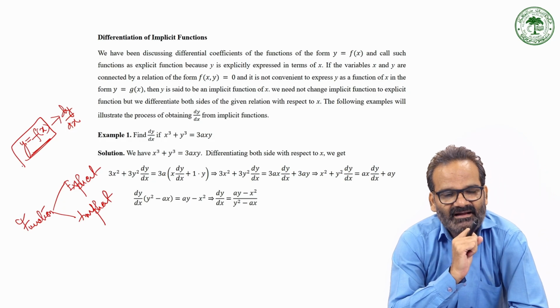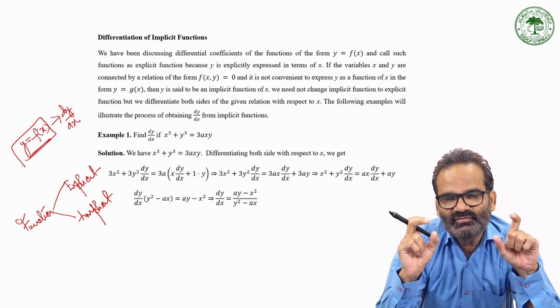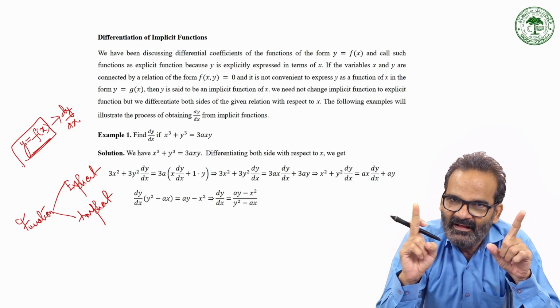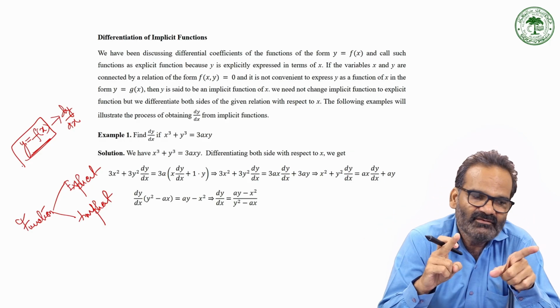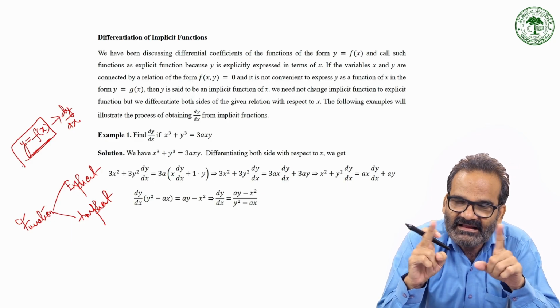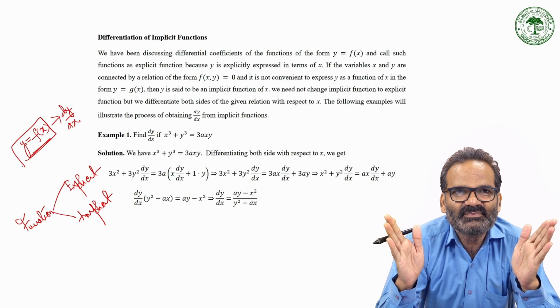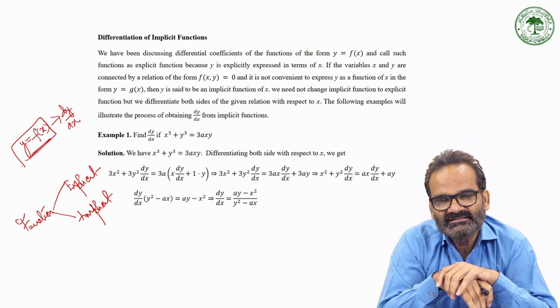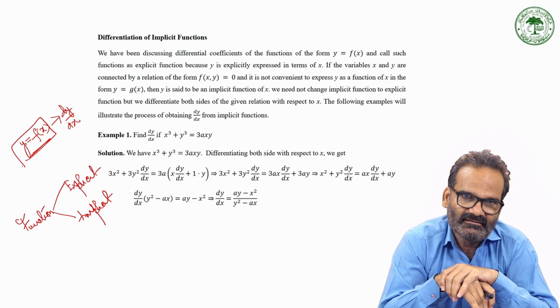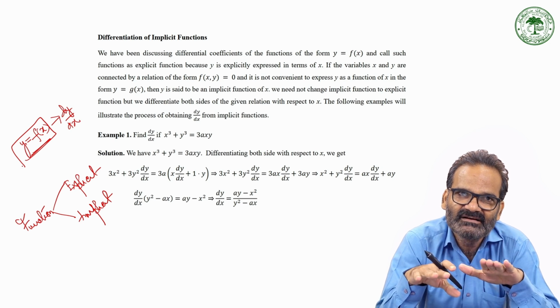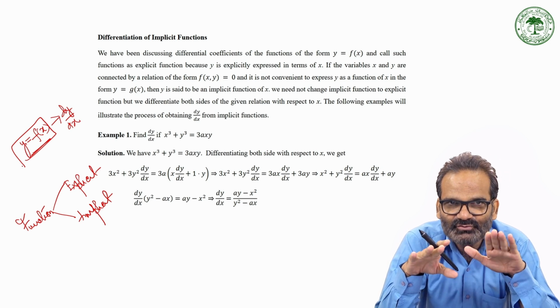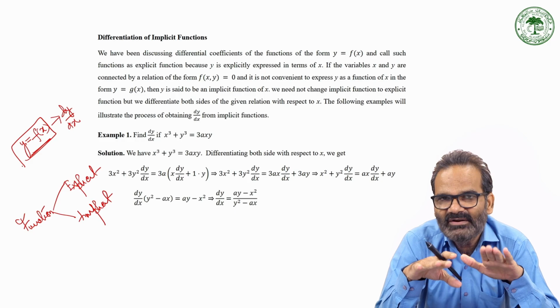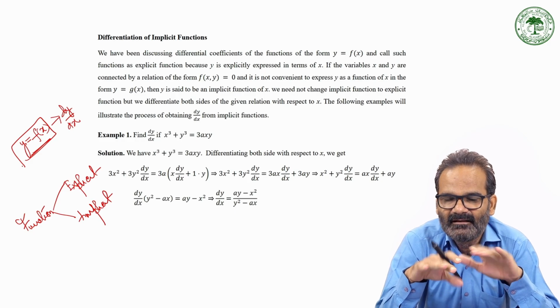The reason is that here we have two variables x and y. x is considered independent, y is considered dependent, and both are explicitly expressed. That is why this is known as an explicit function. So we used explicit functions throughout the methods we have already discussed.